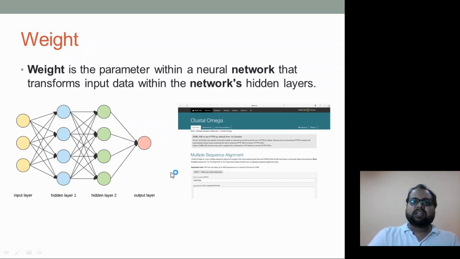I think all of you know what Clustal Omega is. Clustal Omega is a tool for carrying out multiple sequence alignment. The reason I've mentioned Clustal Omega here is that it was originally called Clustal W. Clustal stood for cluster and W stood for weight.